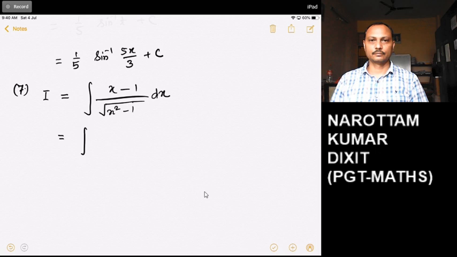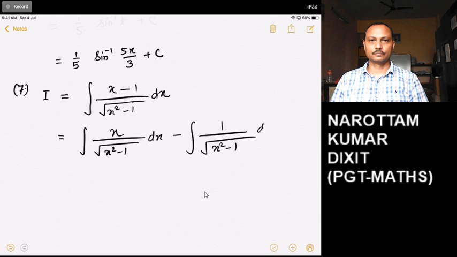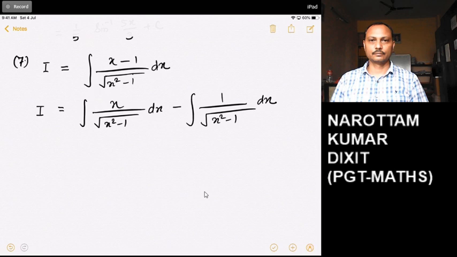The first one we can write x upon under root x square minus 1, and the other one we can write 1 upon under root x square minus 1. Now the second term, there is no problem. It is a direct formula; we will use the formula which we have studied here.